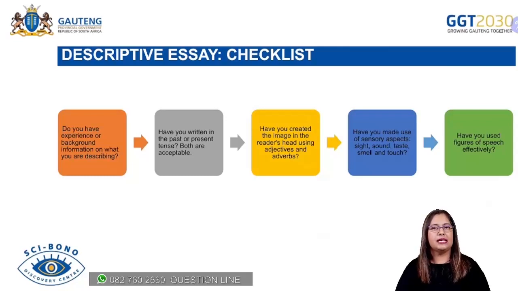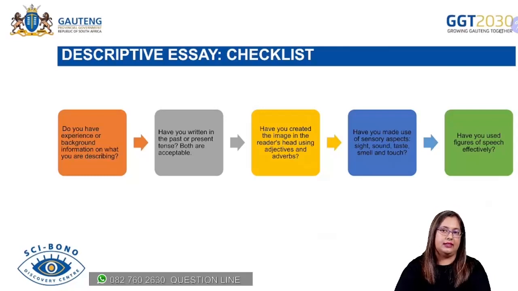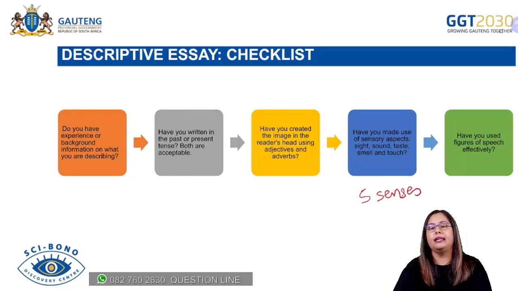Have you created that image in the reader's head using the adjectives and the adverbs? Have you made use of sensory aspects here, which is your 5 senses? Have you engaged with a person's 5 senses? And have you used the figures of speech effectively throughout the essay?